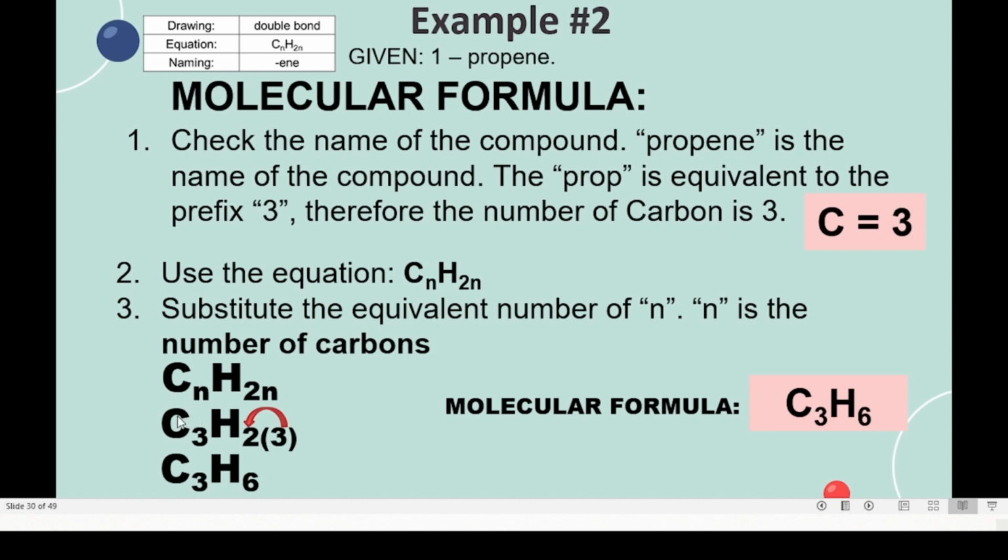So it will become C3H2(3). So the 3 here will be multiplied to 2. So it will become C3H6, and that is the molecular formula of 1-propene.